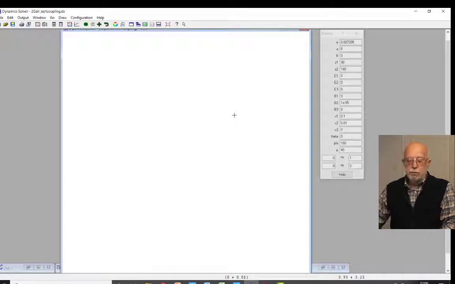This is a computer program for integrating dynamical systems, in particular systems of ordinary differential equations, and in this screen we are going to represent the evolution of the center of mass and center of charge of 2 spinning electrons.